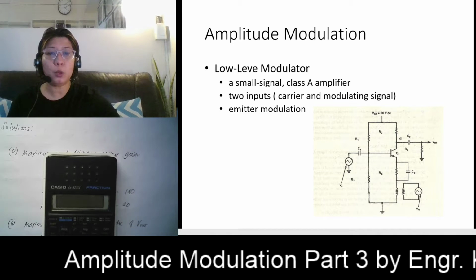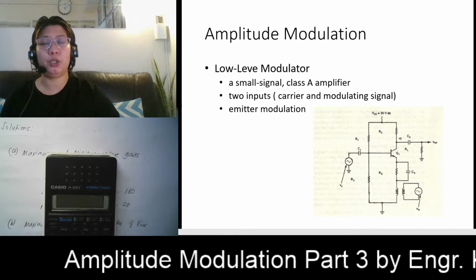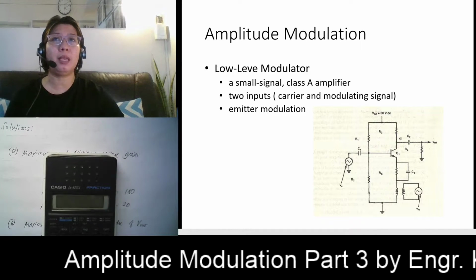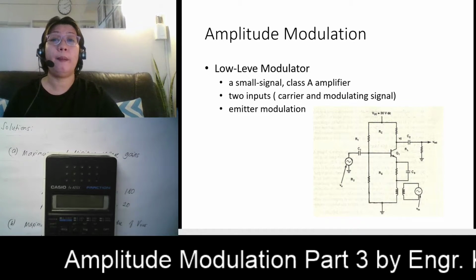So what happens when we have your modulating signal? When we apply your modulating signal here, it starts to have a nonlinear operation. What nonlinear operation is occurring? We are now having a signal multiplication, and your nonlinear operation or signal multiplication is your definition for modulation.